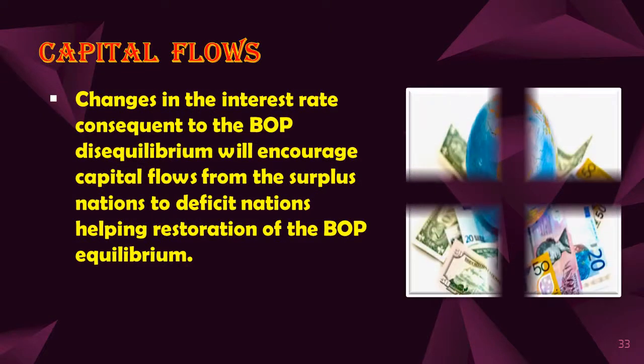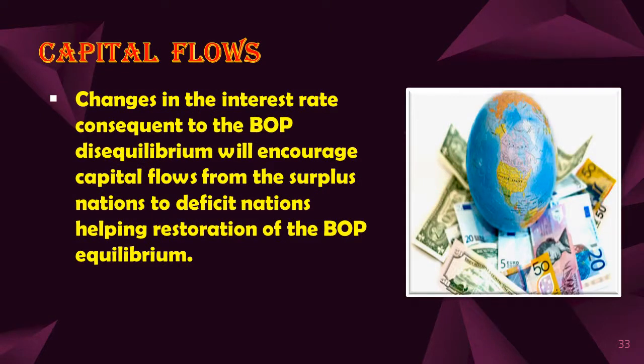Capital flow, another automatic correction. Changes in the interest rate consequent to the BOP disequilibrium will encourage capital flow, money flow, from the surplus nation to the deficit nation, helping to restore the BOP equilibrium.